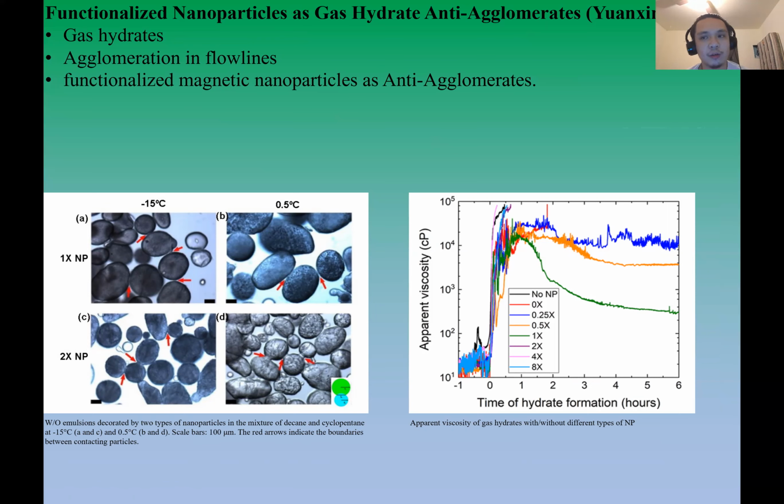It shows that it is totally possible that in the future we can use functionalized nanoparticles as anti-agglomerants, so that it will lower the cost of petroleum engineering. This will potentially lower the cost of gas in the future.